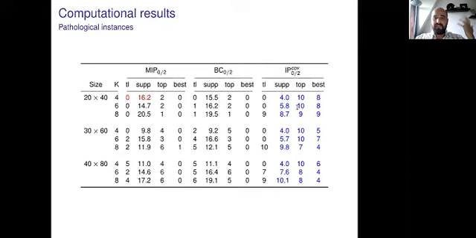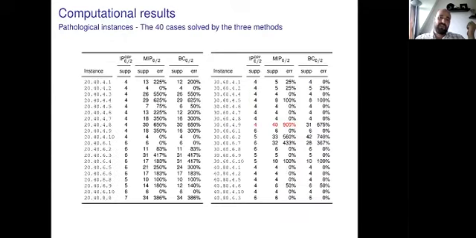So this shows really how badly these methods can perform because of the big M issue, which means it is not an exact approach. Okay, so just this final table. Here I am listing all the 40 cases that were solved by the 3 methods.